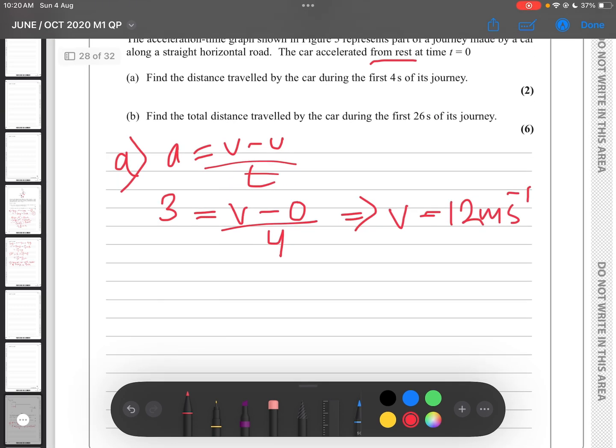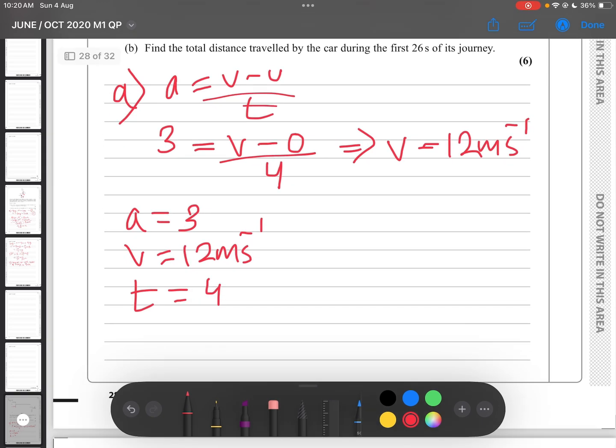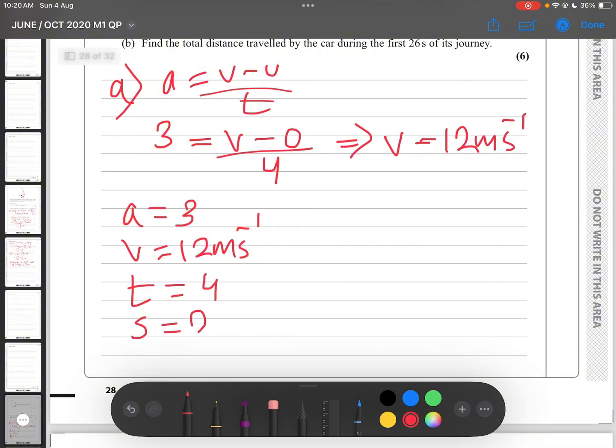Alright, we want the distance. We have acceleration, 3 meters per second squared, velocity, 12 meters per second, time taken, 4 seconds, and what we want is s, the distance. Use the equation s equals vt minus half at squared.